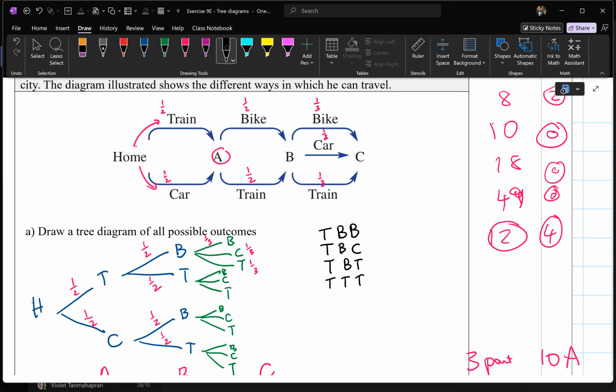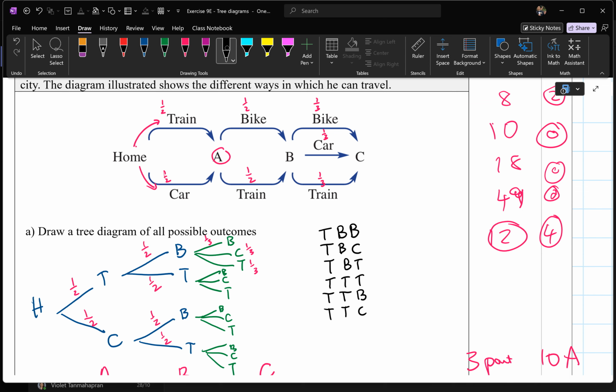Train, bike, bike, train, bike, car, train, bike, train. That's my 3 options there. And then train, train, train is that third one there. Yeah, so I can keep filling it out. Train, train, bike, train, train, car. That's so far 1, 2, 3, 4, 5, 6. I've got half the options.